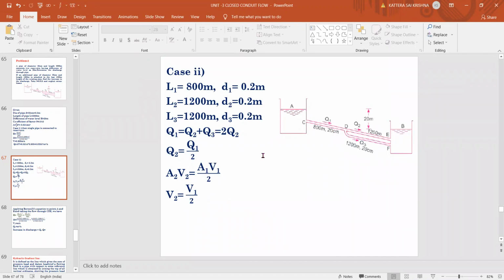So what we'll get: P1 by rho g plus V1 square by 2g plus Z1 equals P2 by rho g plus V2 square by 2g plus Z2, plus you will have your friction losses in the pipe. I'm taking the friction loss in the pipe from C, D and E, or you can take C, D and F, anything. Pressures are taken as 0 here because both are at atmospheric pressure at the top surface. Similarly velocities are also 0.